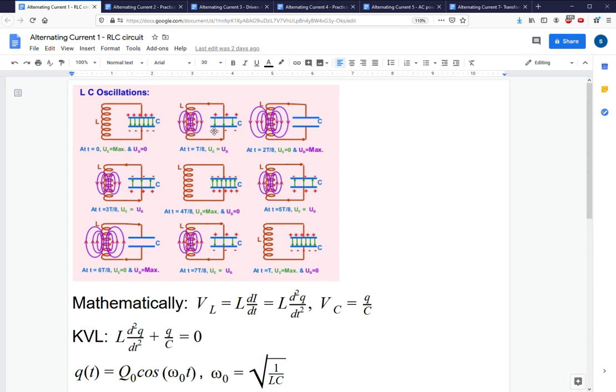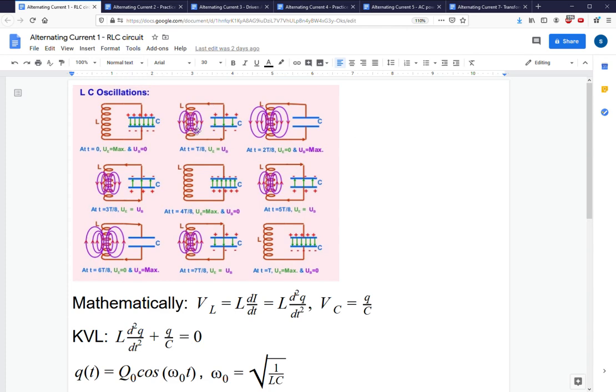Most directly, when an inductor and a capacitor are oscillating like this, there is a conservation of energy going on. In this first state, all of the energy is stored in the capacitor. Remember, the energy of a capacitor is 1/2 Q squared over C. In this state, all of the energy is stored in the inductor. The energy of an inductor is 1/2 L i squared.